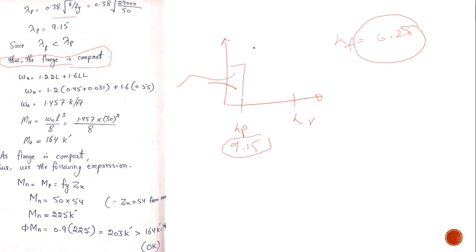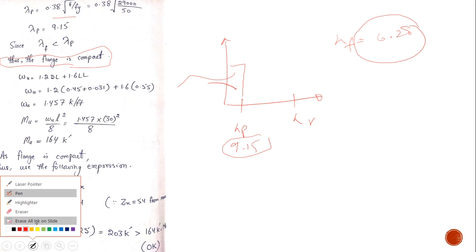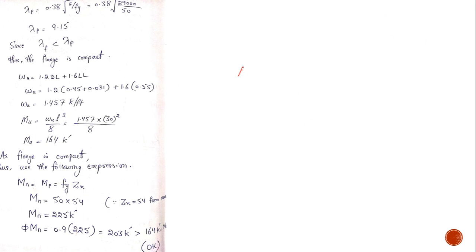My flange is compact, so I'll simply compute the moment, assuming that my beam is subjected to UDL. First of all, I'll calculate the factored load using this formula: 1.2 dead load plus 1.6 live load. In the dead load, this is the self weight, and it is assumed to be dead load.